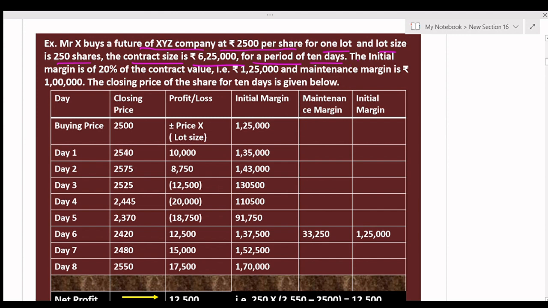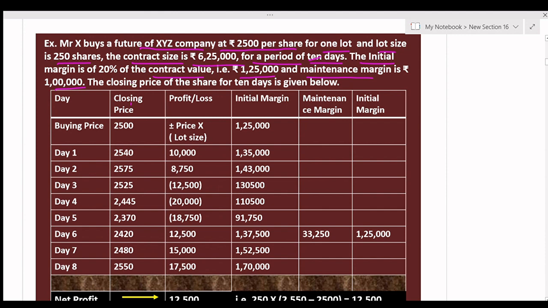The initial margin of this will be for 8 days, not 10 days, because 8 days of transactions are given here. The initial margin is 20% of the contract value, that is 20% of 6,25,000, which is rupees 1,25,000, and the maintenance margin is rupees 1 lakh.